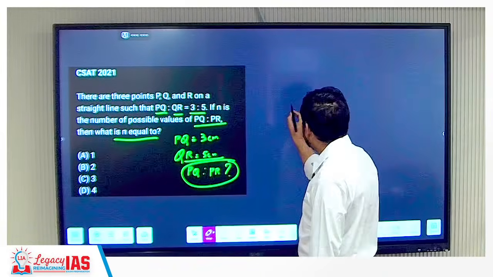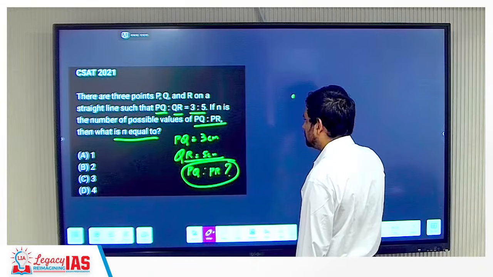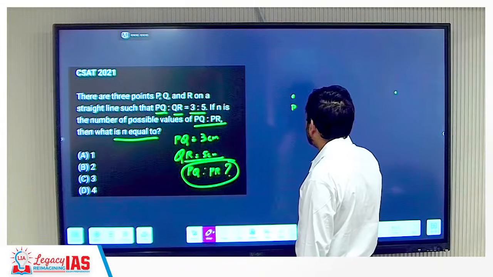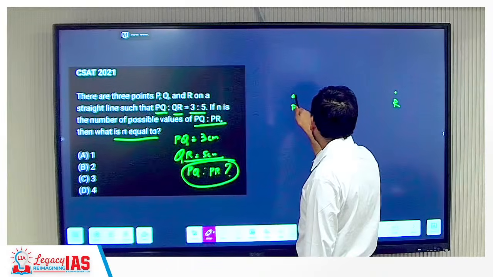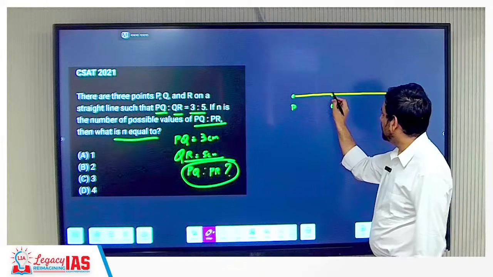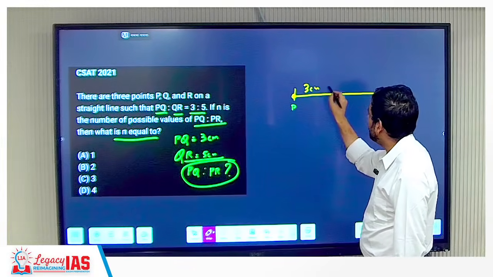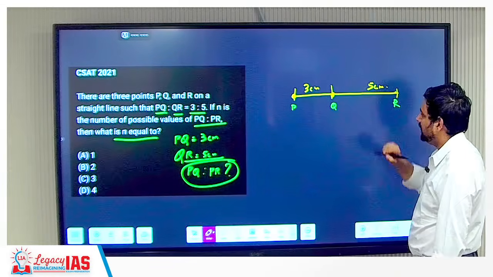Now, one way of drawing this is this. This is P, this is Q, this is R. Very clearly, they are on a straight line where PQ is 3 centimeter length and QR is 5 centimeter length.